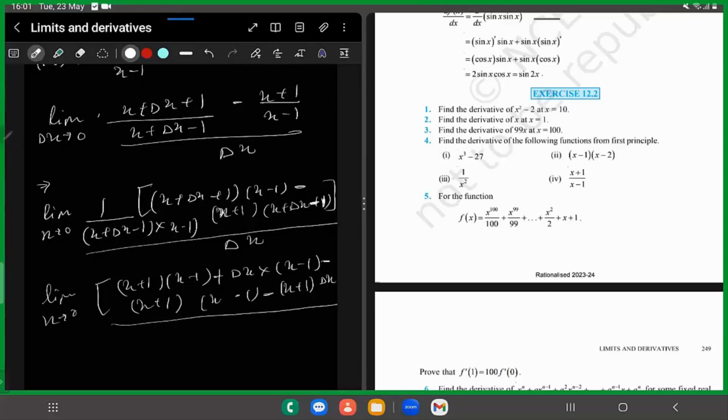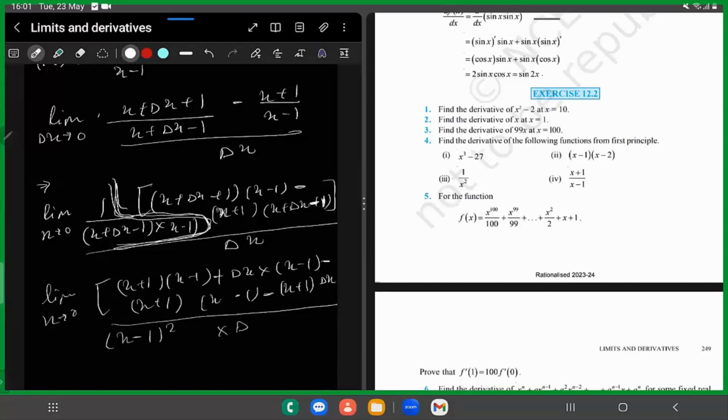In the denominator we can directly put delta x equal to 0 in this part, because this much part is not producing any infinity form.